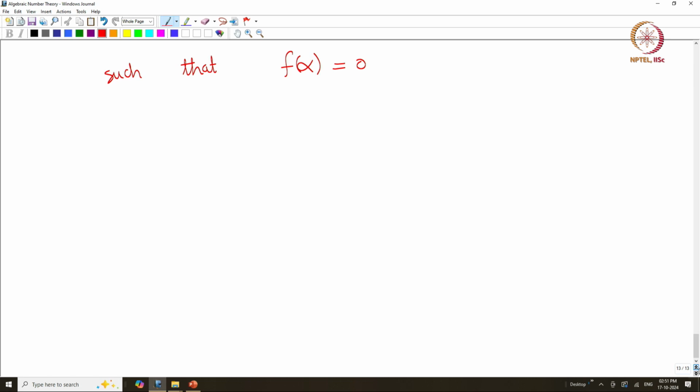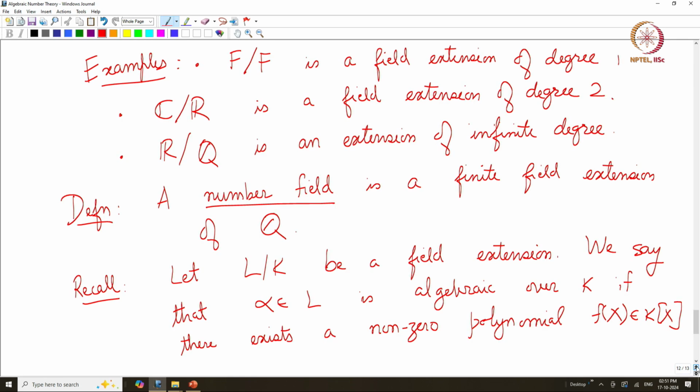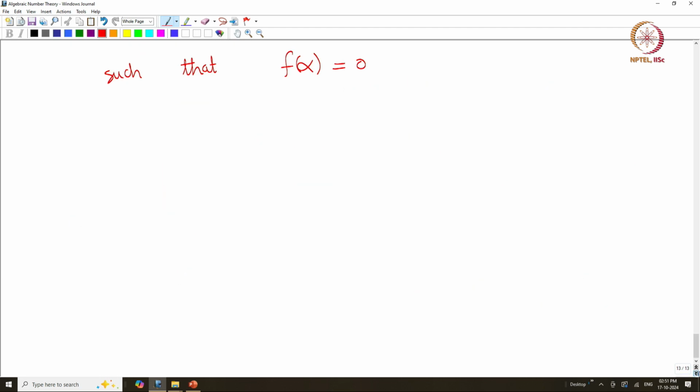Okay. So, when do we say that alpha is algebraic over K? If it is a root of a non-zero polynomial f(x) with coefficients in K. All right.